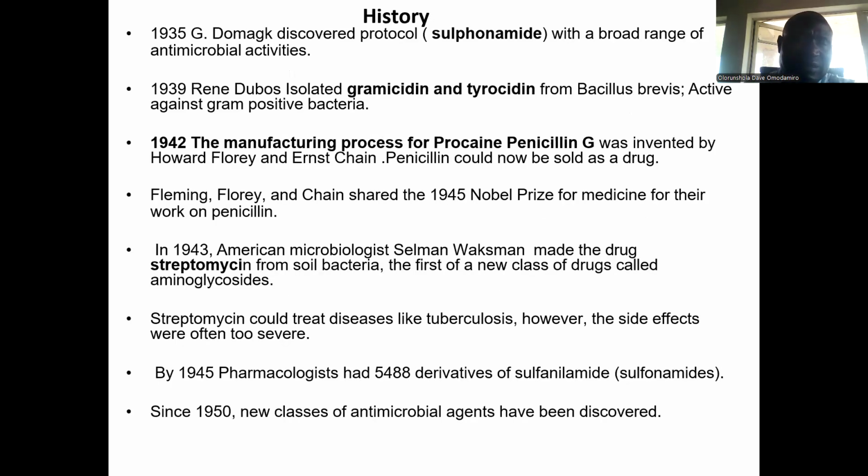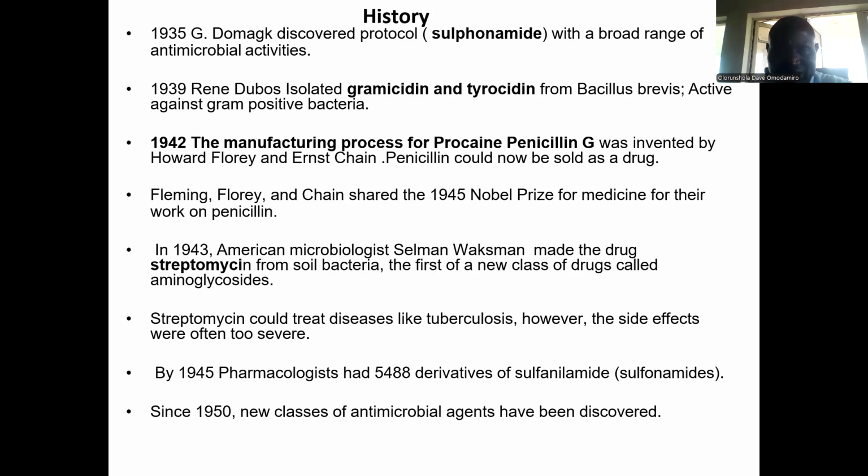In 1935, Domagk discovered protonsil, which is called sulfonamide, with a broad range of antimicrobial activity.